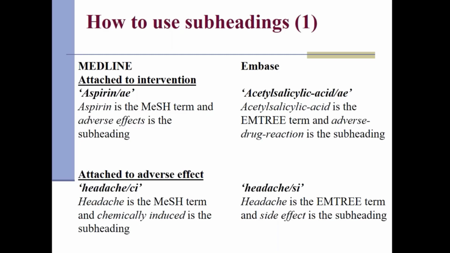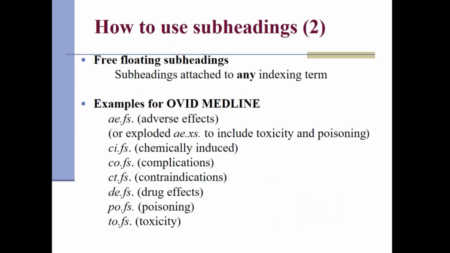Two great ways of searching with subheadings for adverse effects. What I find often is a better way, however, is to float my subheadings, which means my subheadings are attached to any indexing term. I've got some examples here for Ovid Medline. Unfortunately, not all databases allow you to float your subheadings, but where you can, it is really useful.